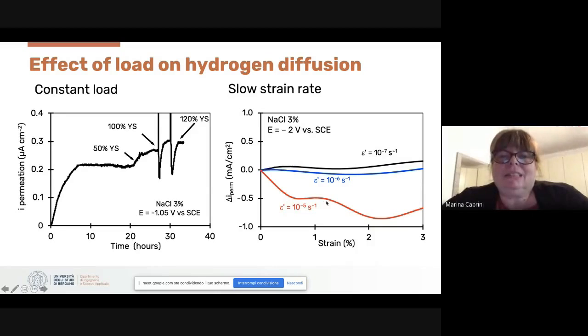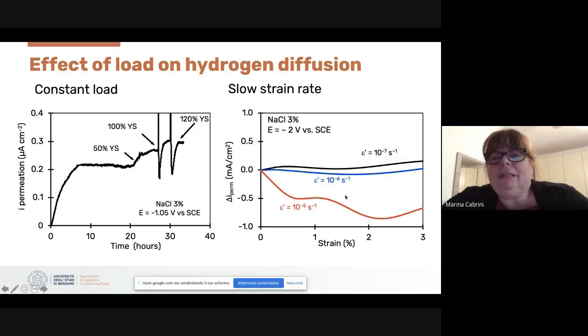It is clear that at a very high strain rate, 10⁻⁵ s⁻¹, which is high for hydrogen though not in general for mechanical characterization, the trapping effect of hydrogen prevails.